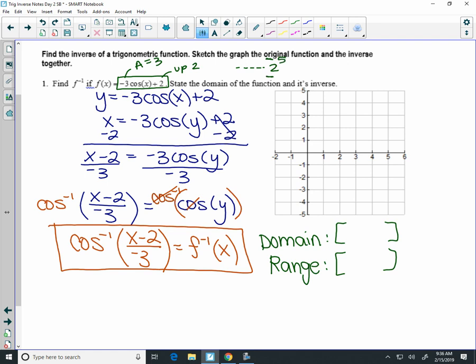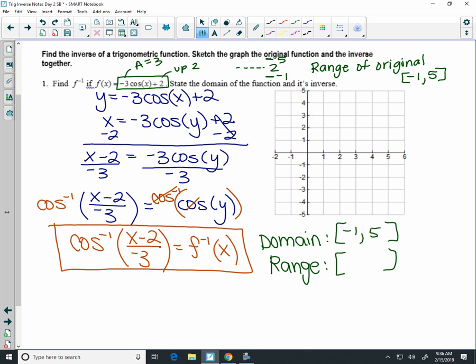And we go down 3 from there, what's the bottom going to be? -1. So the range of our original is -1 to 5. Again, that little detail is why I moved this unit here. Everything else we could have done another time, really, right after the unit circle. So the range of the original is what of my inverse? Domain.